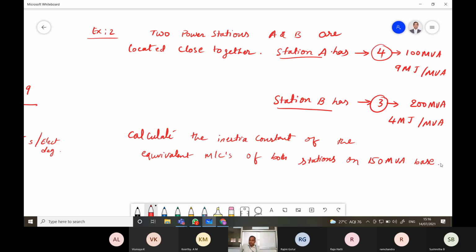So the base value is given. Because the individual stations have individual base ratings, that is individual MVA ratings of 100 and 200, we need to take a common base of 150 MVA. So, solution.